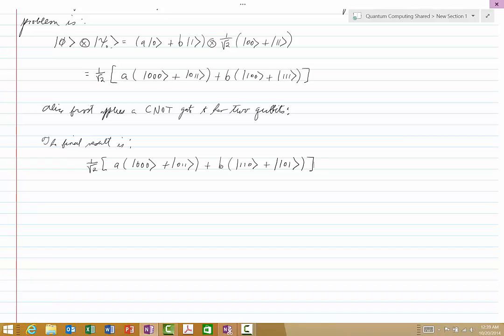Now, if you will recall from the dense coding problem, after Bob applied the C0 gate, then he applied the Hadamard gate to the first qubit. And so Alice is going to do this as well.